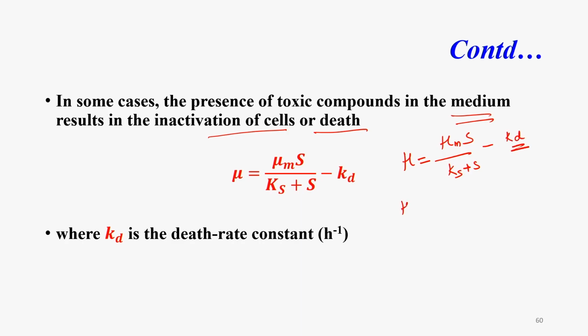So, we say we are discussing mu net, and mu net will be the initial mu minus Kd, where Kd is the death rate constant. In this way one should be able to incorporate the presence of a toxin as an inhibitor, or as an inactivator of the cells leading to their death.